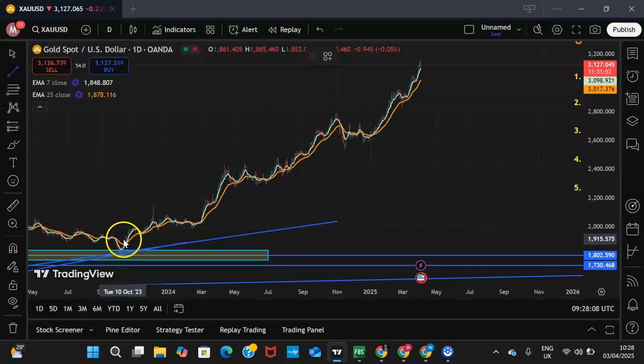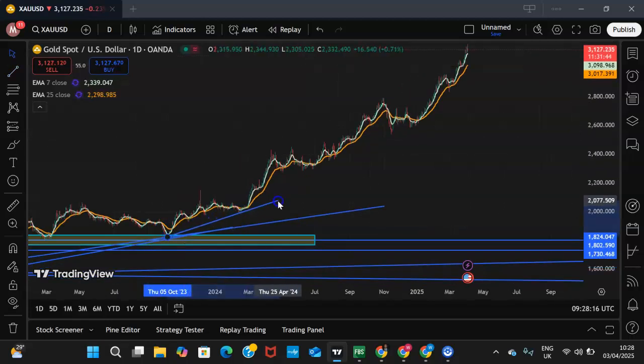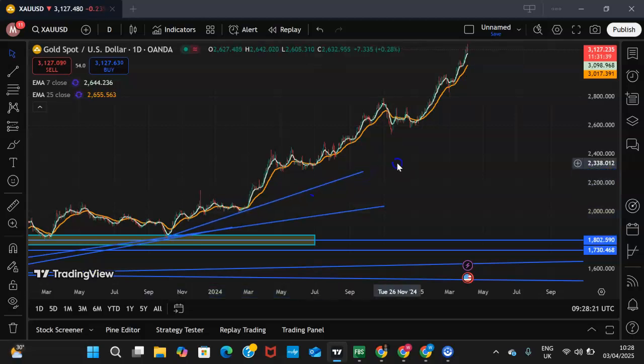So what trend lines basically are is lines that connect one point to another. So this is a trend line. Now this will be a swing point.